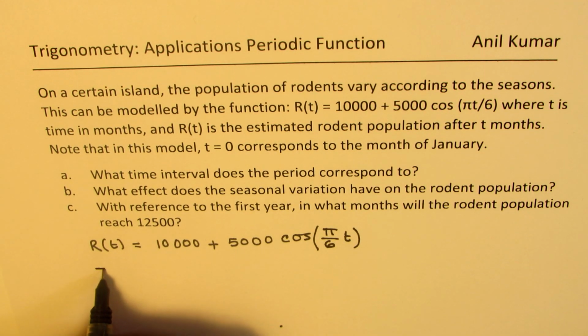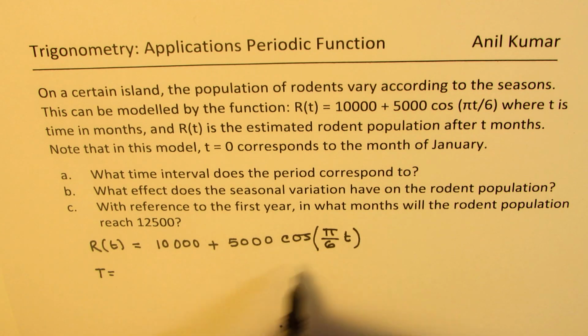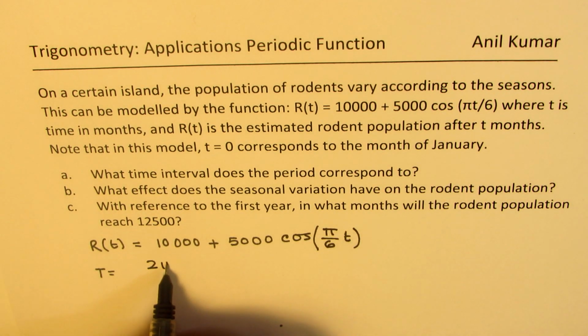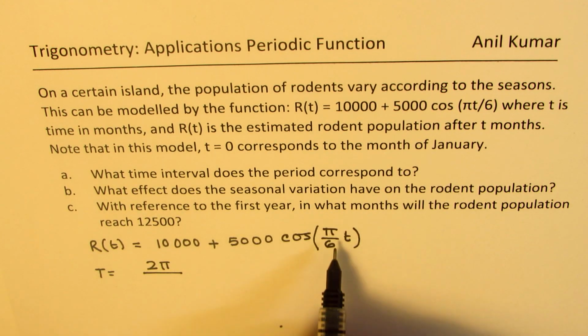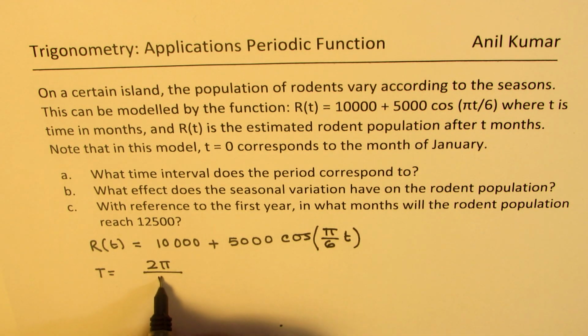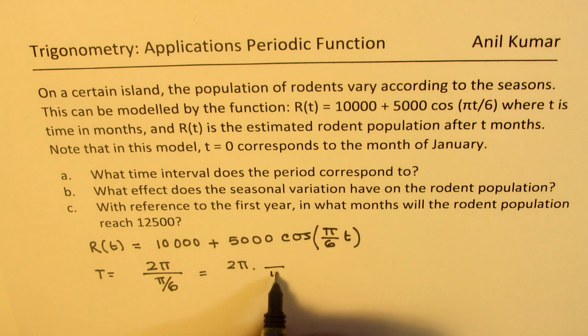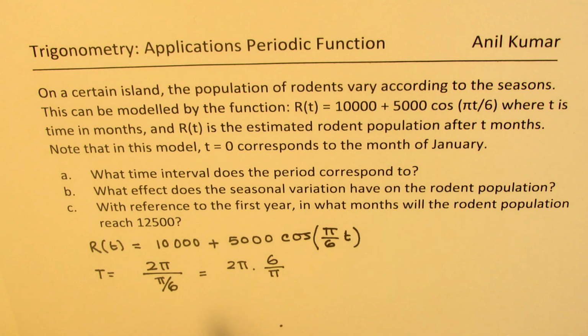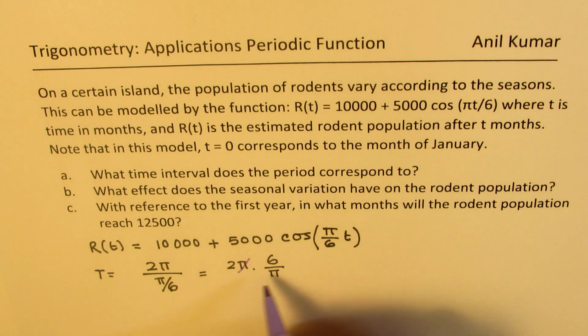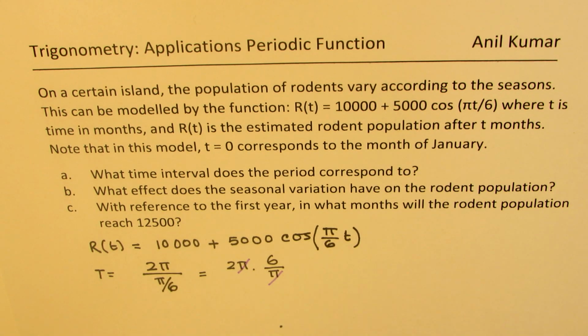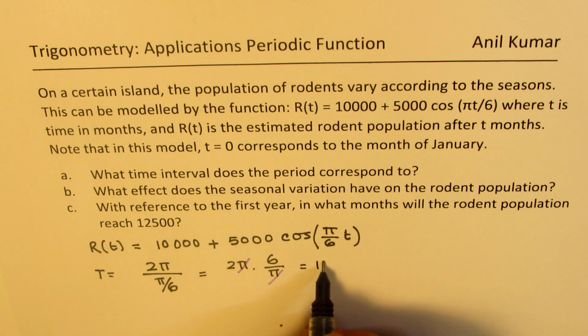So the time interval t for one full circle is 2 pi divided by this value of k, which is pi by 6. Correct. So you could also write this as 2 pi divided by pi by 6. Now, cancelling pi and multiplying 2 by 6, we get our time period as 12.